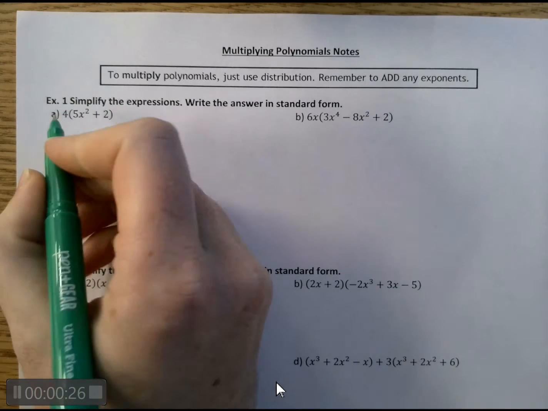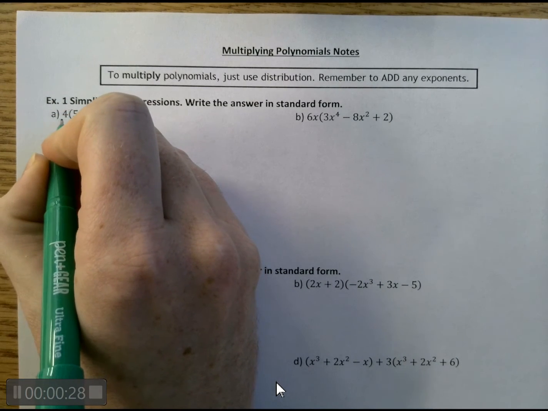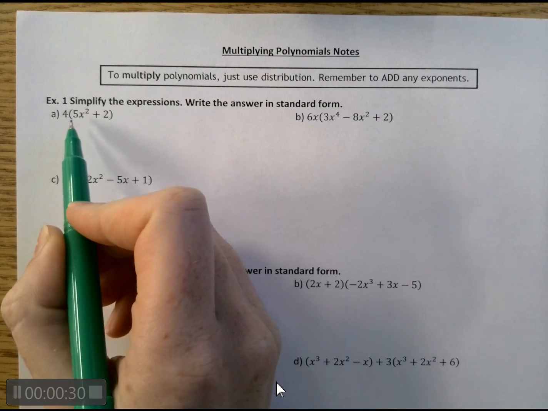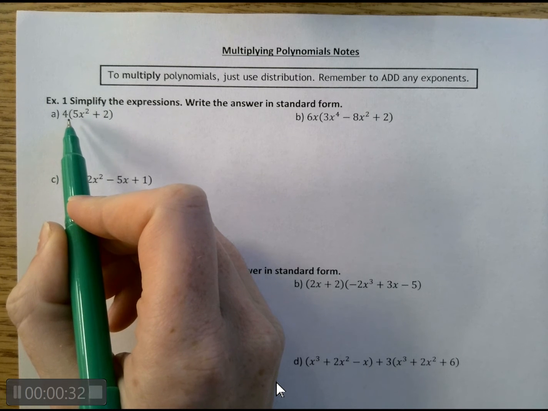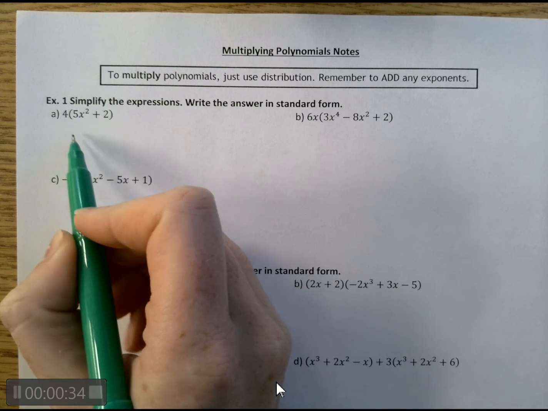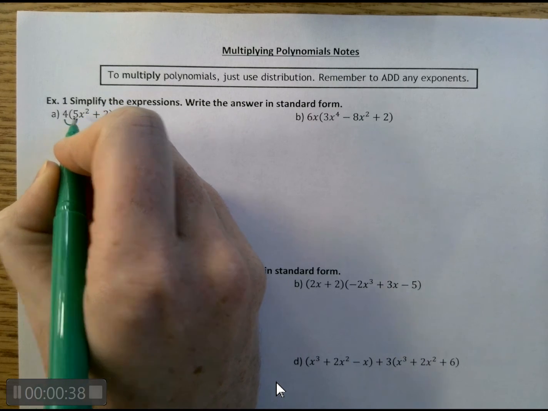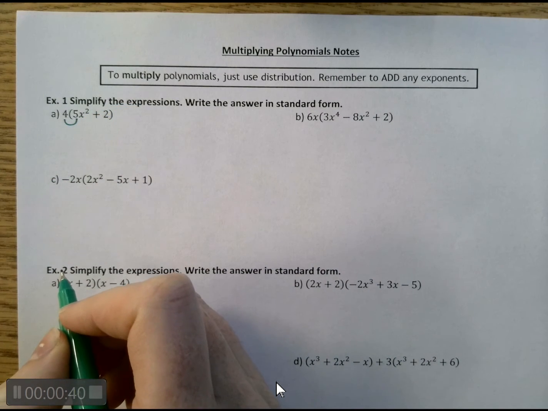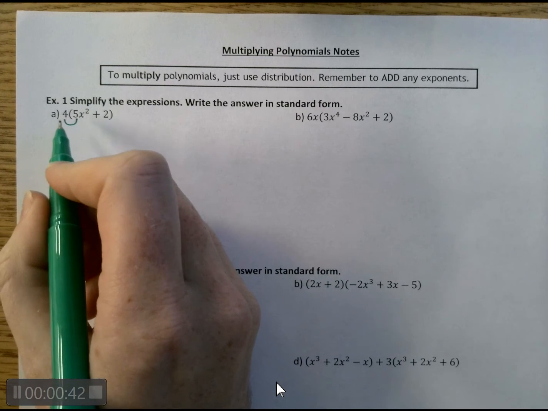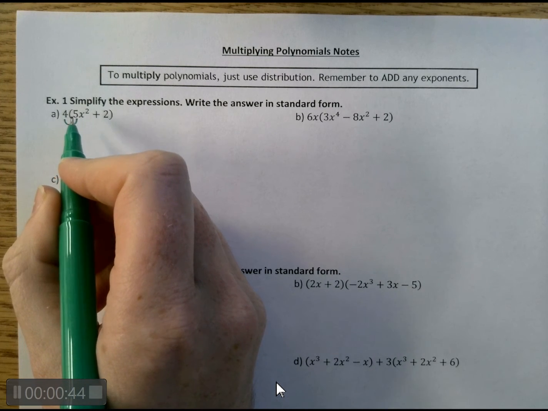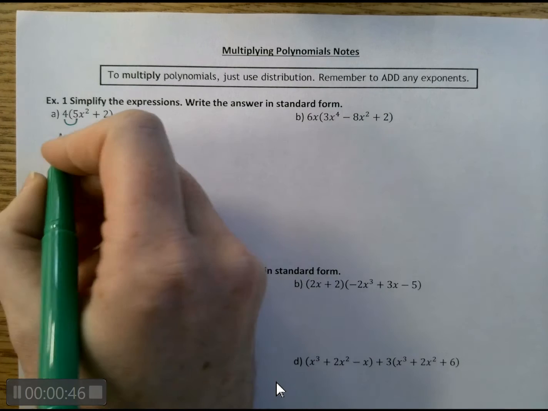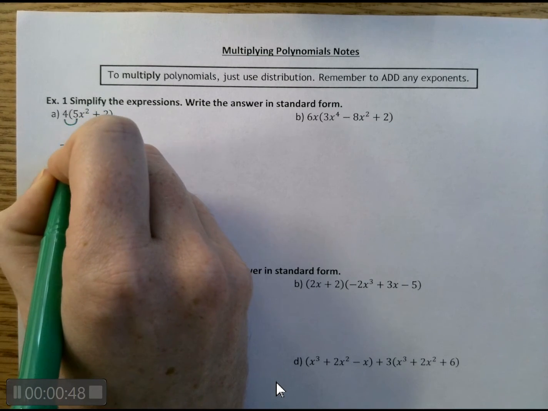All right, so for example A, we are going to take this first number right here, sorry my hand was in the way, and we're going to multiply it to everything that is inside the parentheses. So we're going to start with 4 times 5x squared. Since 4 is just a number, we're going to multiply 4 times 5, which is going to give us 20.